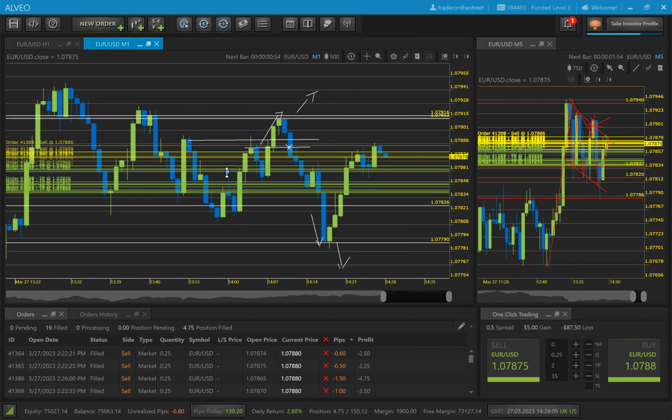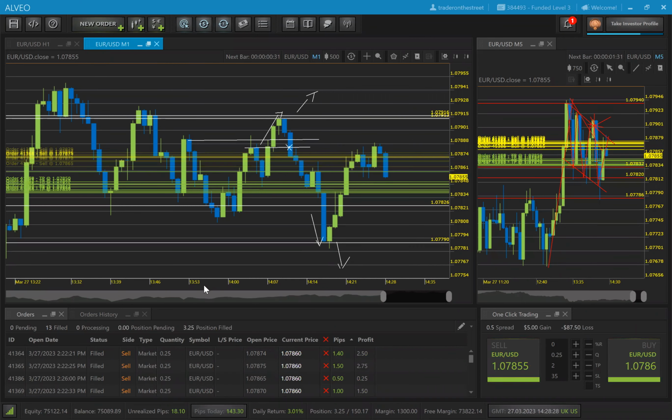So see if I can pick up a little bit of income off the bottom of this little support. Just a little bit, not a lot. There's a little bit of income.